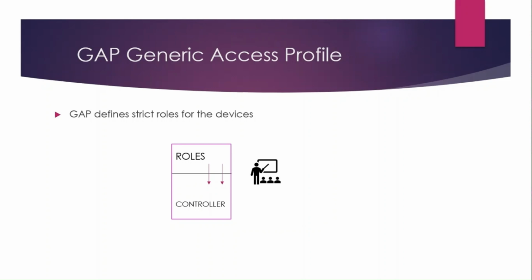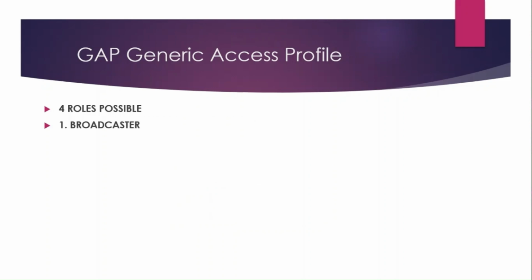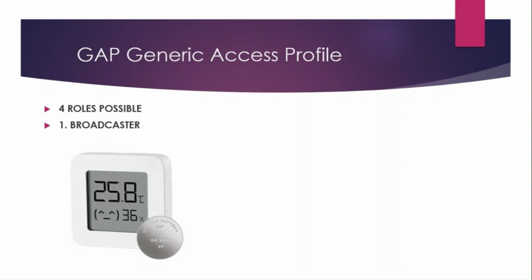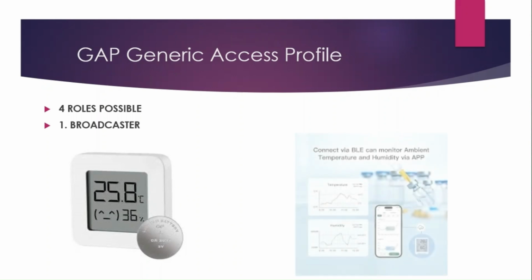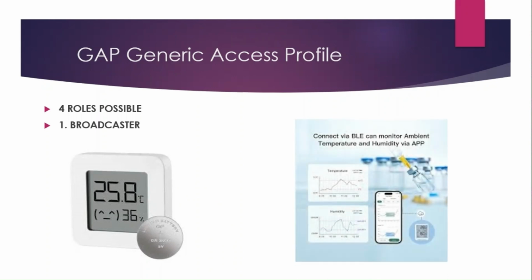So let's see the roles offered by GAP. There are four possible roles. The first one is the broadcaster role. A broadcaster, as the name says, keeps broadcasting or advertising data.